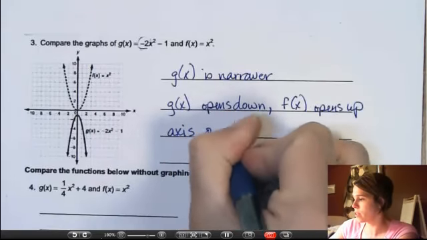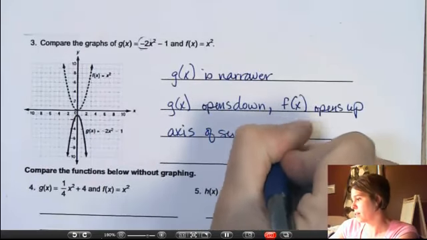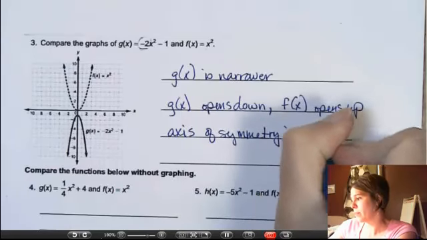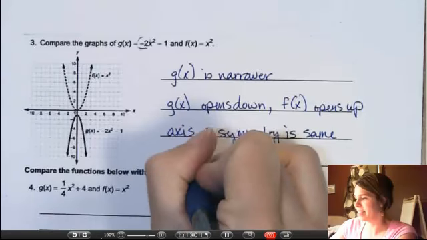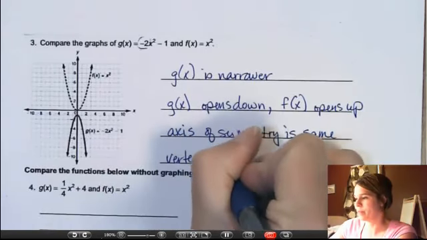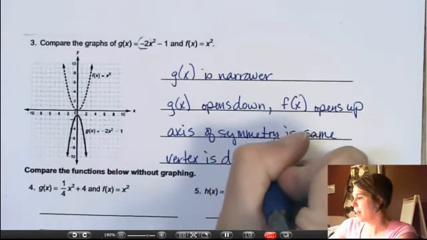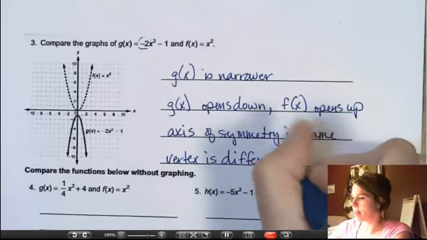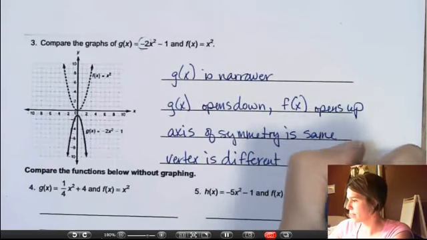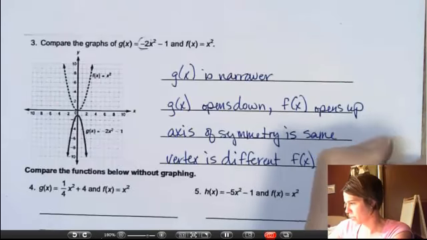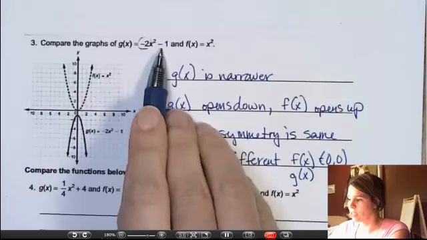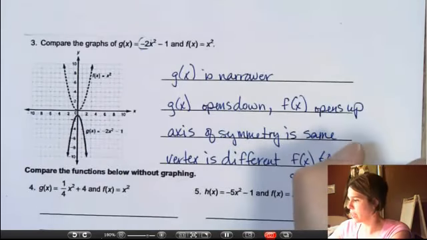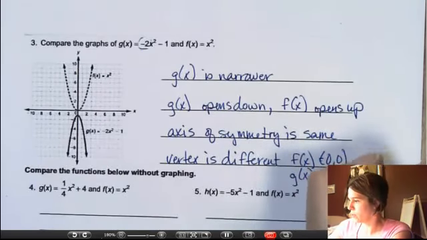Axis of symmetry is the same. It's important because the vertex is different. And then since it is different, you should probably state the vertex of f of x is 0, 0, and the vertex of g of x, we've shifted it. We've shifted it down 1. So that vertex is going to be 0, negative 1.